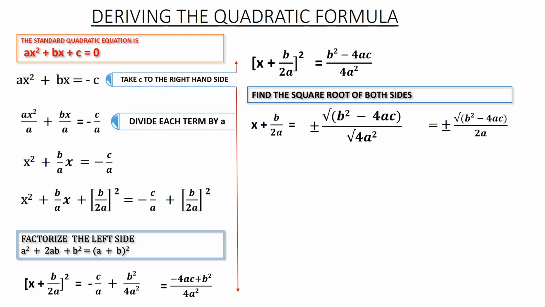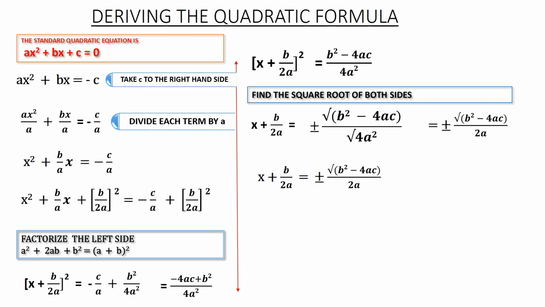Now, I do have an expression, which is really not the last one, but from the expression we have that x plus b over 2a is equal to plus or minus the square root of b squared minus 4ac all over 2a.